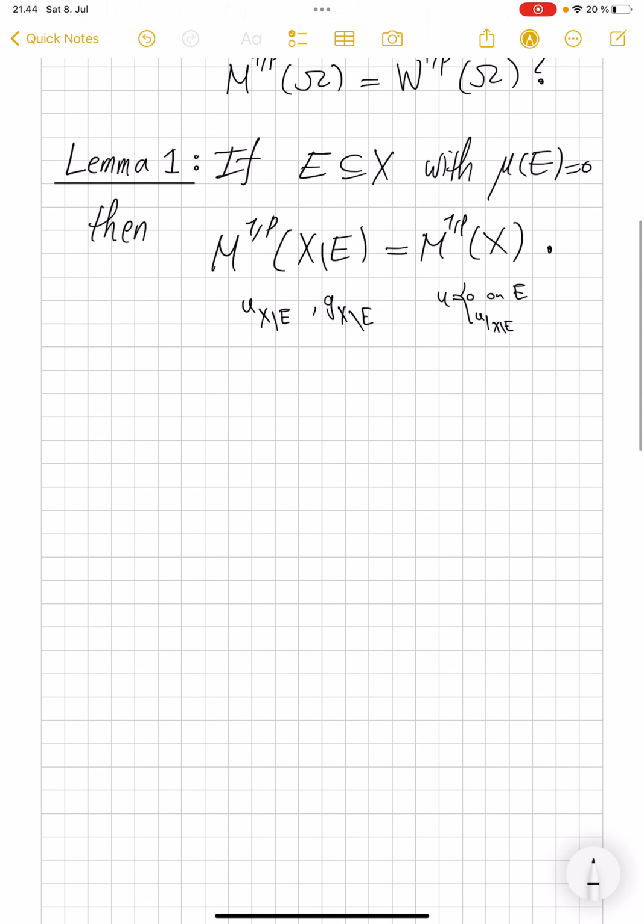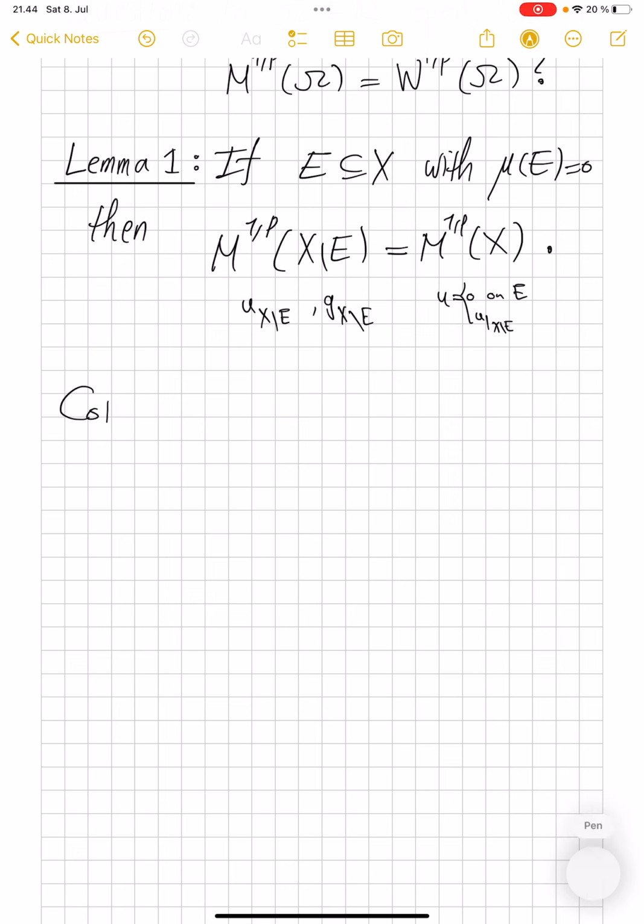So removing a measure zero set does not change the class of Hajlasz-Sobolev functions, and this is very different from Sobolev functions in the classical sense.